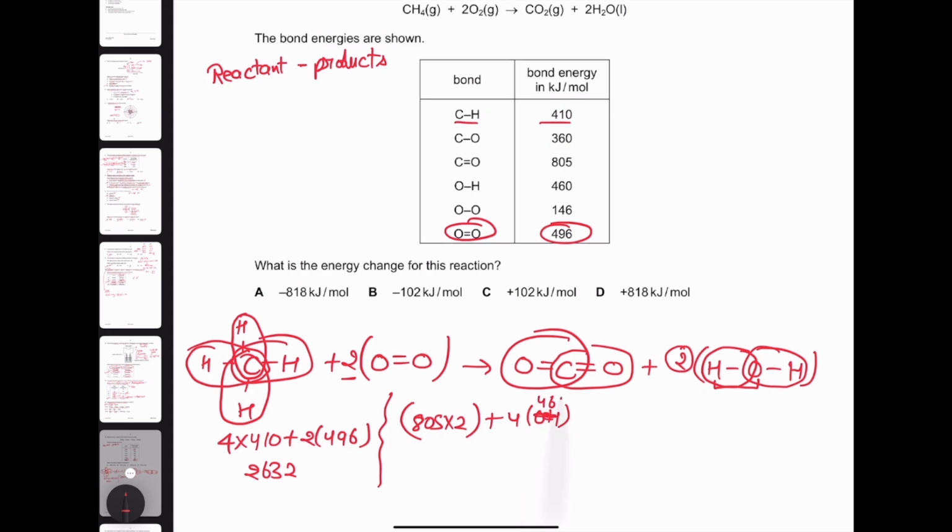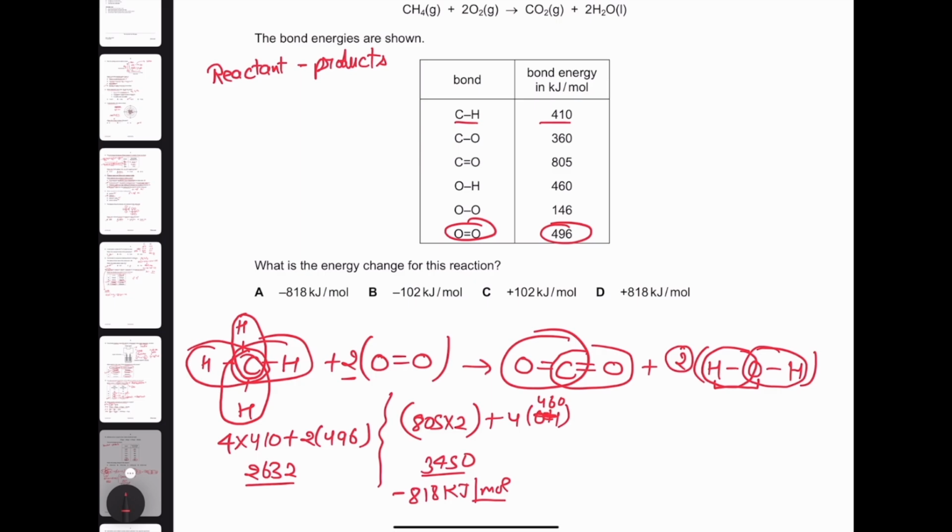So 460 times 4 plus 805 times 2 is 3450. Now simply do reactants minus products. So 2632 minus 3450. The answer comes out to be negative 818 kilojoules per mole.